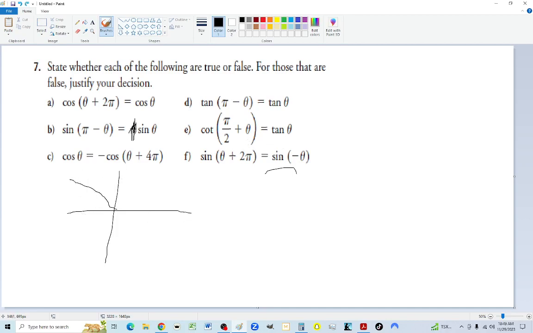What about this one? If I go 90 degrees and add the angle, will it be the same as the tan of that angle? It should actually be equivalent to the cotan of that angle, but let's look at it in terms of a triangle.